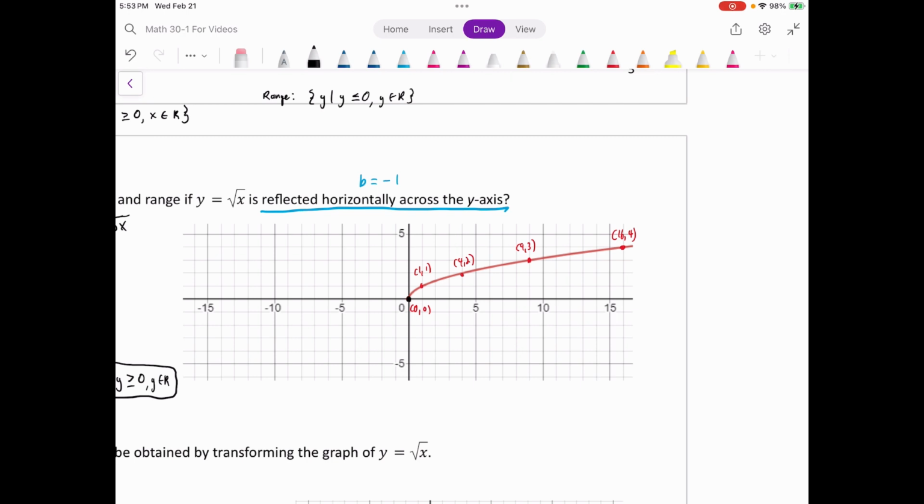Hey, invariant point. Okay, 1, 1, if I multiply the x value by negative 1, I get negative 1, 1. 4, 2, I'm going to get negative 4, 2 when I multiply the x value by negative 1. 9, 3, I'm going to get negative 9, 3. And 16, 4, I'm going to get negative 16, 4.